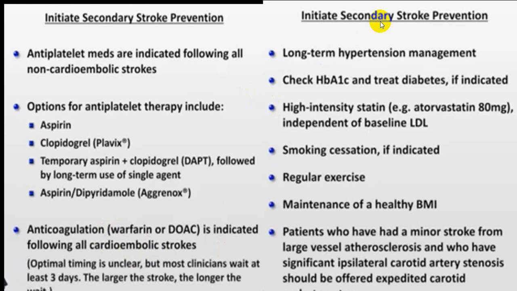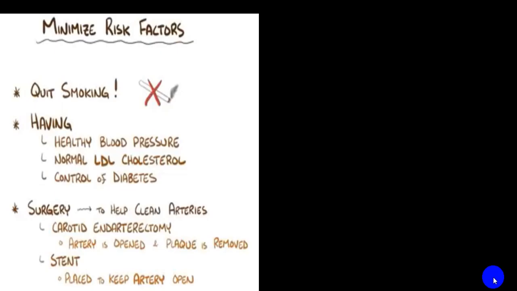Long-term hypertensive management and rigid control of diabetes, high statin therapy, smoking cessation, regular exercise, healthy BMI, and also have a regular follow-up. And you might require a carotid endarterectomy or stenting.